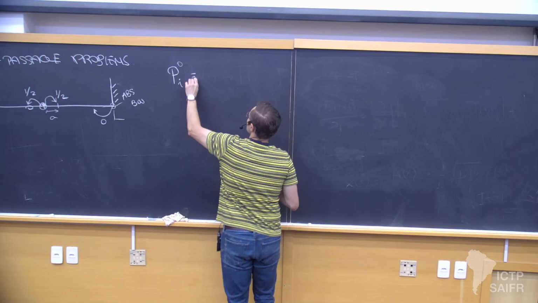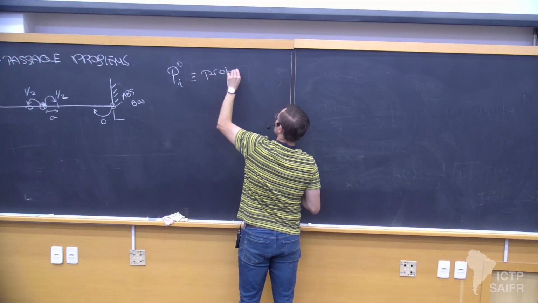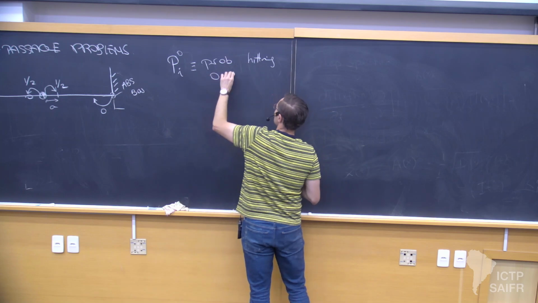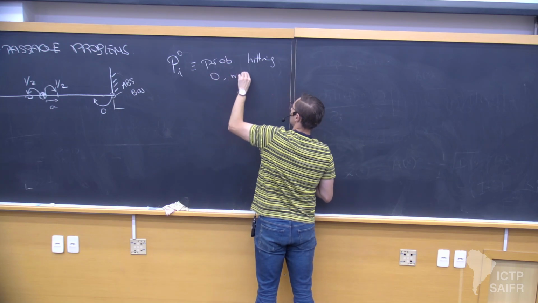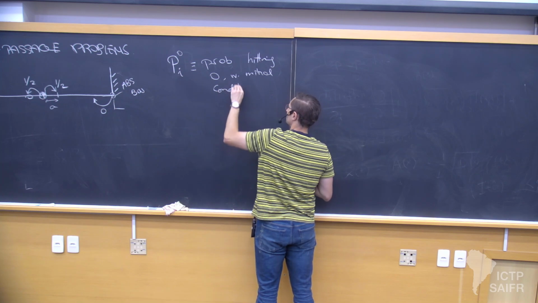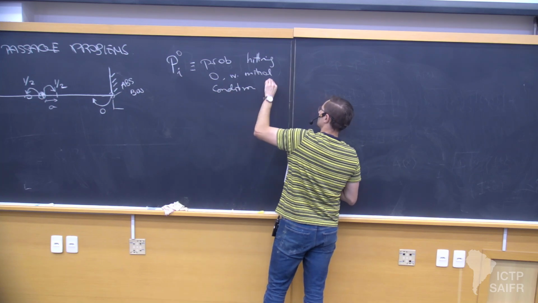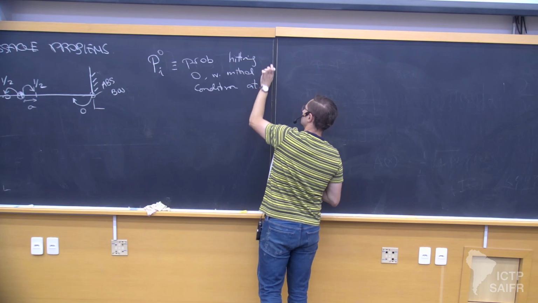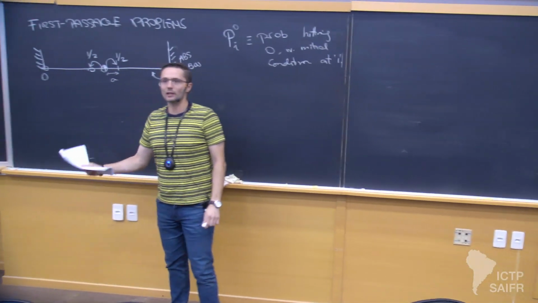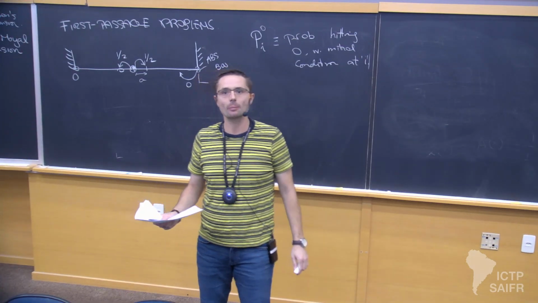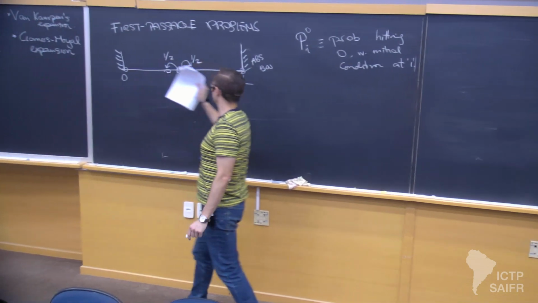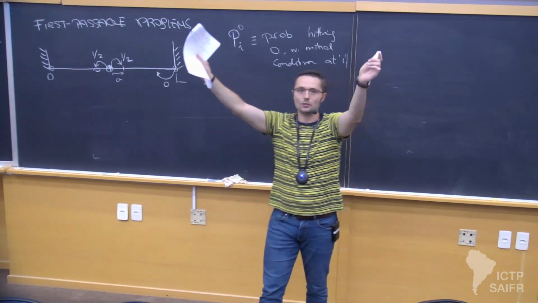This is the probability of hitting 0 with initial condition at I. If you wait long enough, if you start throwing coins or put this in a computer, the probability that I hit either 0 or L as time goes to infinity is going to be 1, right?